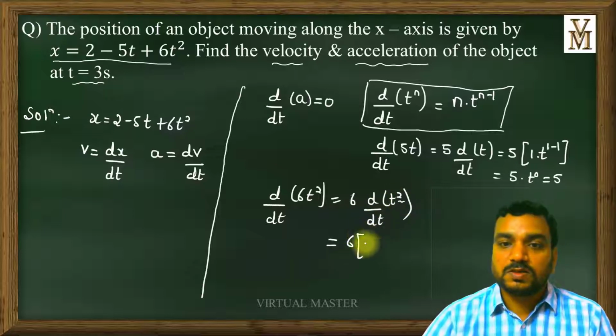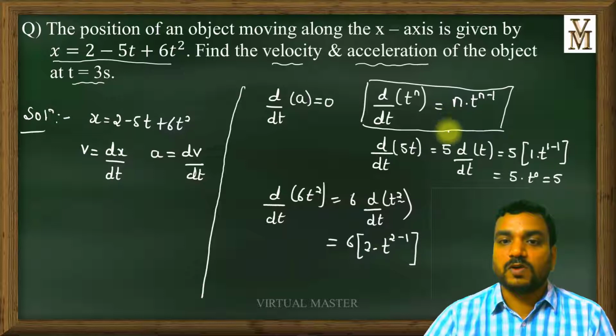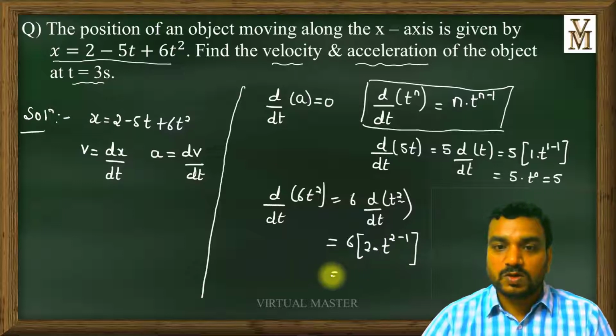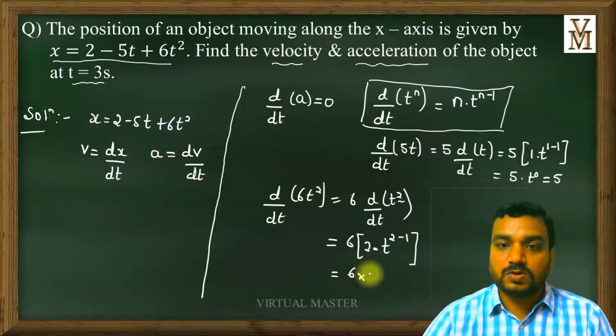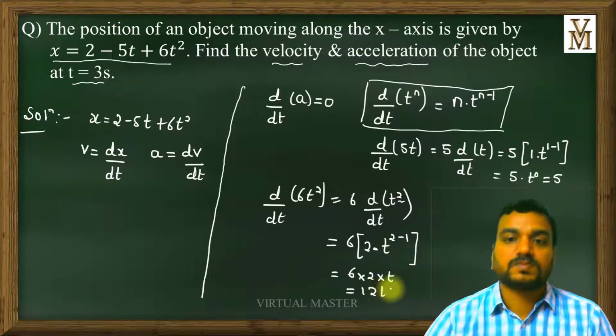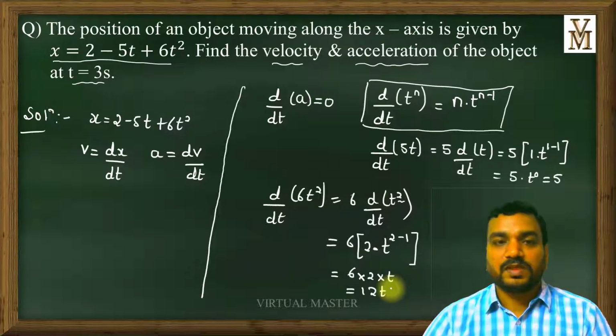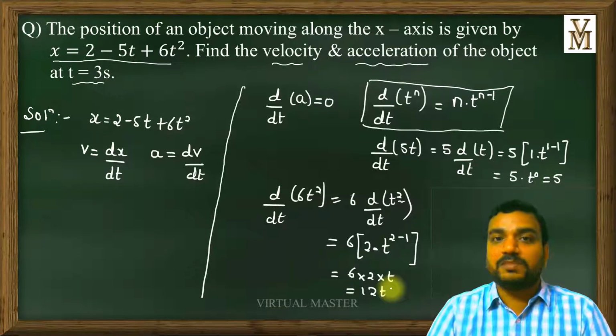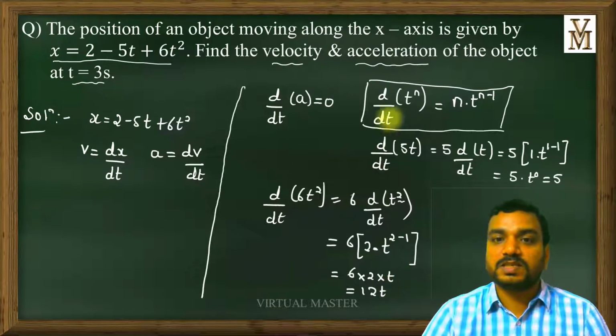So I can write 2 times t^(2−1). According to this formula I have written 2 times t^(2−1). What is t^(2−1)? It is nothing but t^1, right? So I can write 6 times 2 times t. It is nothing but 12t. Understood? I hope everyone has understood how to differentiate the constant and differentiate the variable with the power of n. You have to remember this formula.